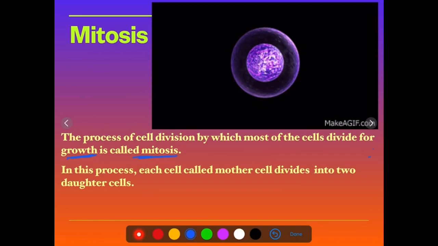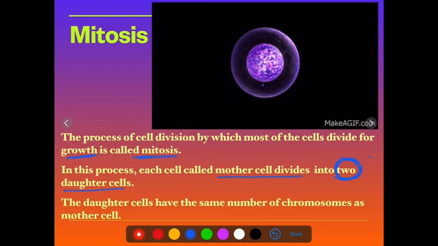We don't call them father cell and son cells, but since they give rise to the new cells, this is a mother cell. Very important: in mitosis a mother cell divides into two daughter cells. One more condition is that the daughter cells have the same chromosome number as that of the mother cell.